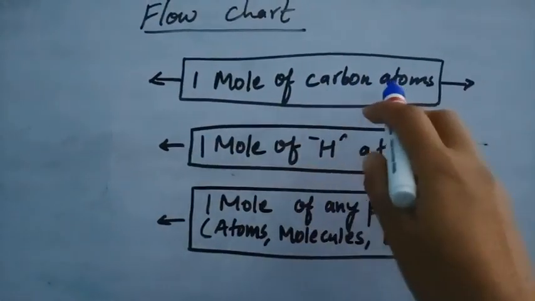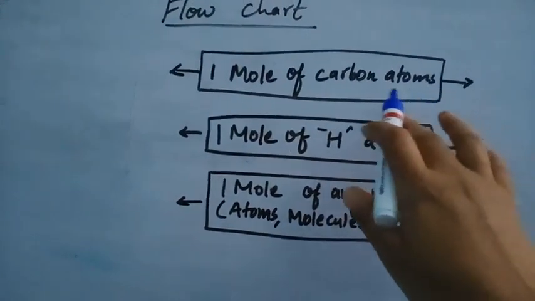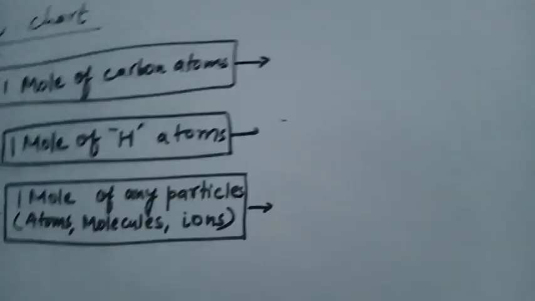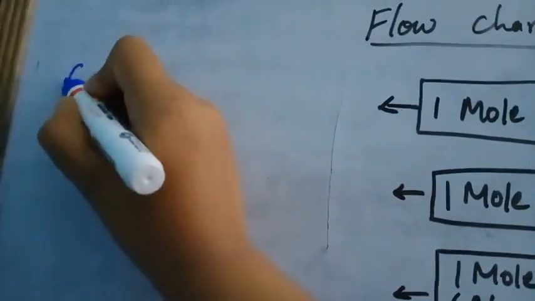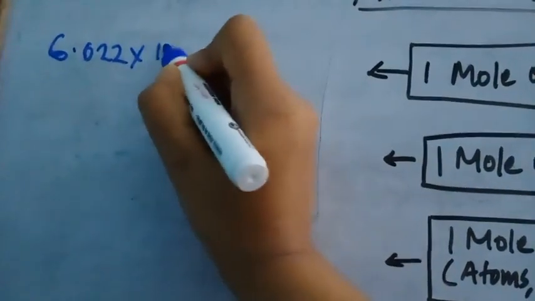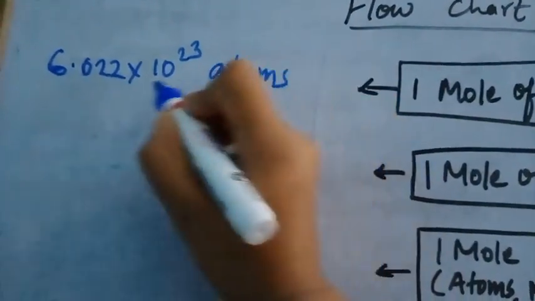So 1 mole of carbon atoms, or 1 mole of any atoms, contains Avogadro number of atoms, that is 6.022 into 10 to power 23 atoms of carbon.